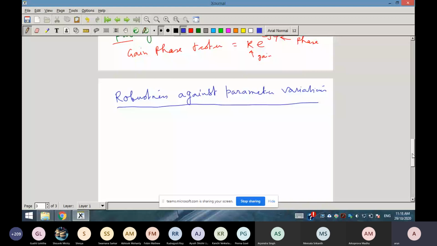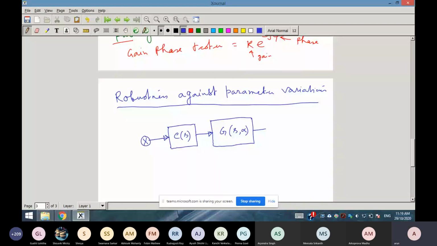So this is your plant, G(s, alpha). Alpha here is an uncertain parameter. So the controller is fixed. We normally do not consider uncertainties in the controller because nowadays these controllers are implemented digitally, so there will be very little inaccuracy.